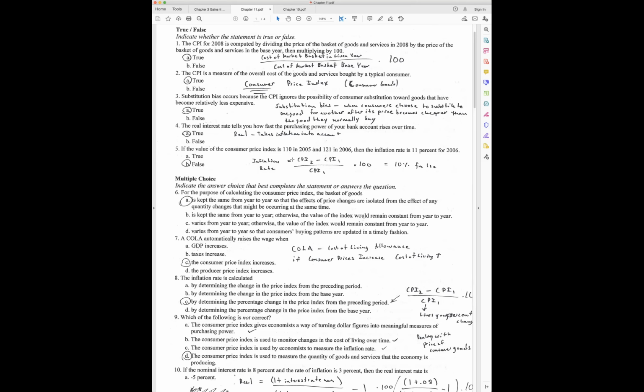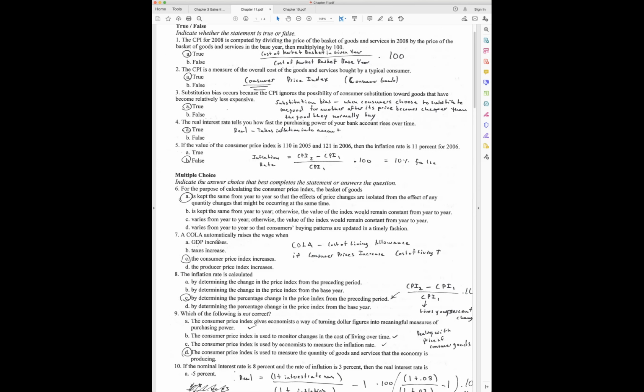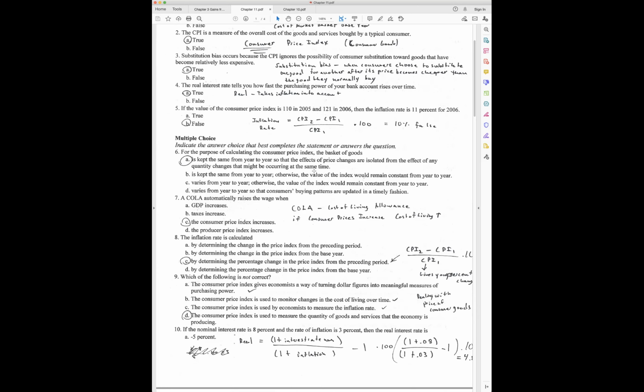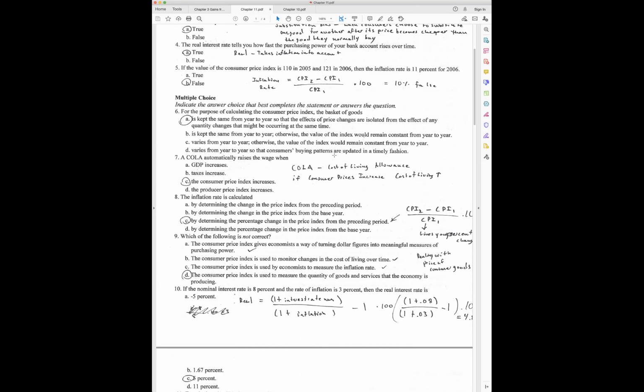It's the new CPI minus the original CPI, divided by the original CPI, times 100, and that gets us the inflation rate, or how much prices have increased between two given time periods. I think that makes very much sense. If you have that concept down, then a lot of these multiple choice questions really make sense.